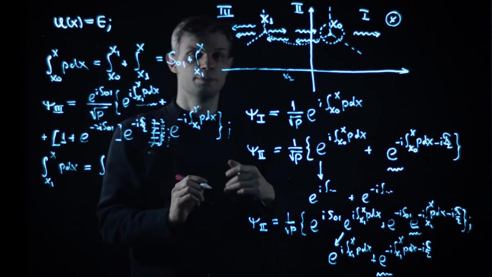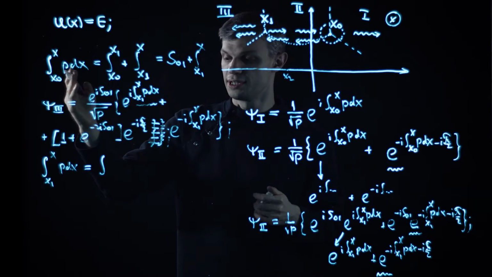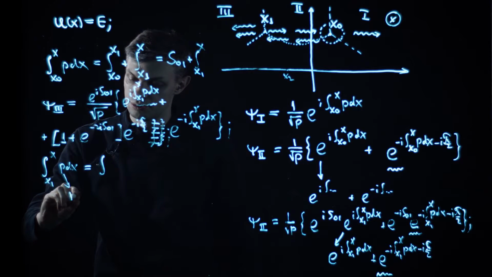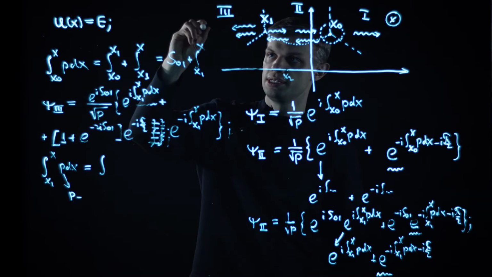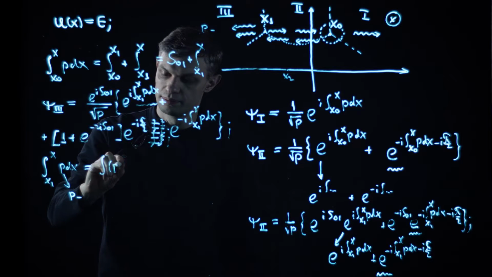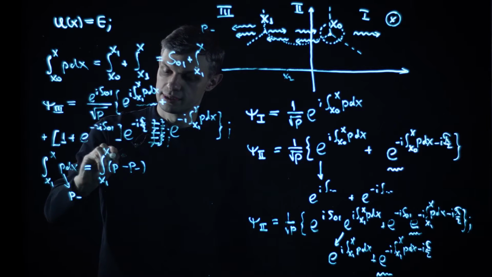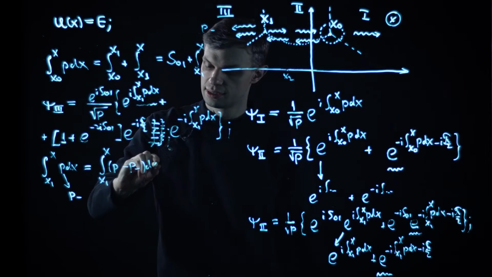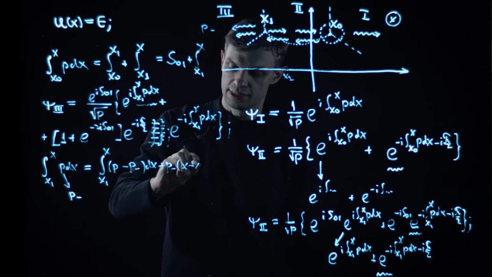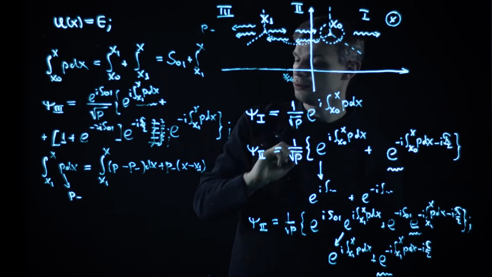And well, suppose the potential function decays at plus and minus infinity, and the momentum asymptotically turns into momentum p minus here at minus infinity. So we split this integral into the integral of p minus from x1 to x, dx, plus p minus... Oh, sorry, we don't actually need this additional point x2.